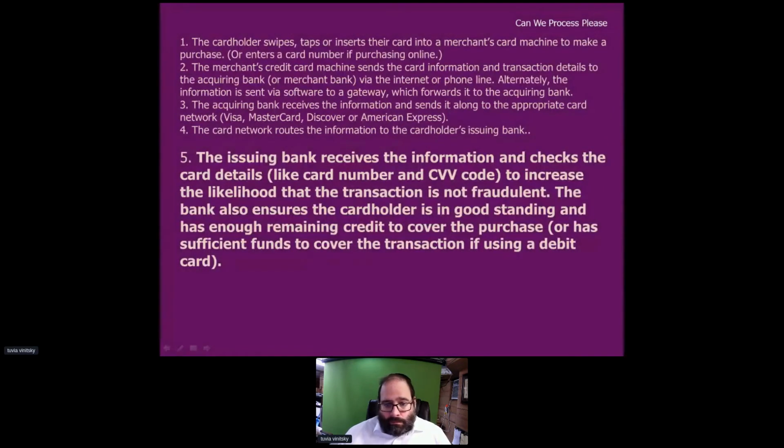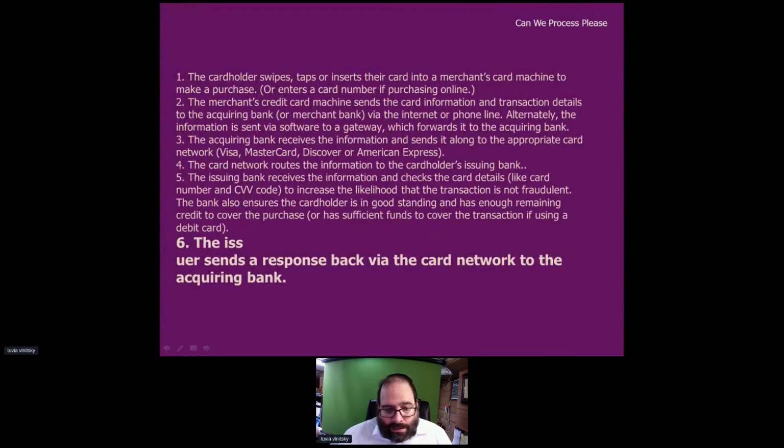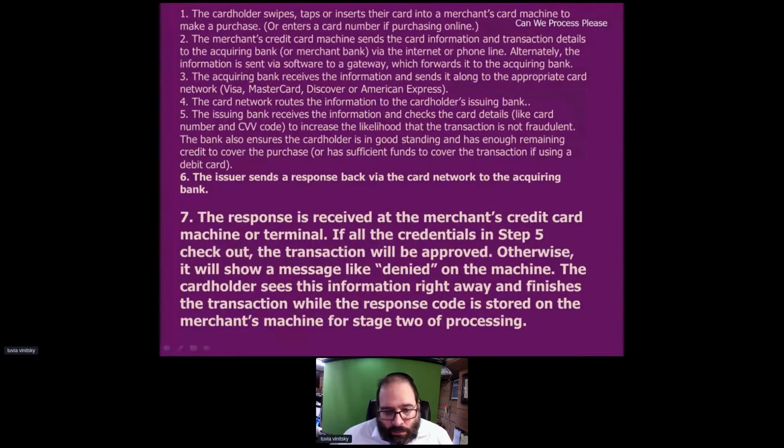The bank receives the information and checks the card details. It also ensures the cardholder's in good standing, there's enough money to cover the purchase, etc. Then that issuing bank sends a response back onto the card network, which sends it back to the acquiring bank. The response is then received by the merchant.